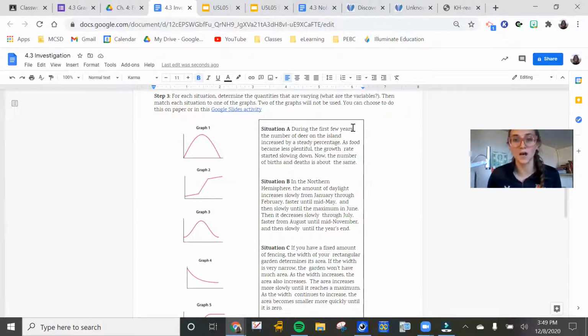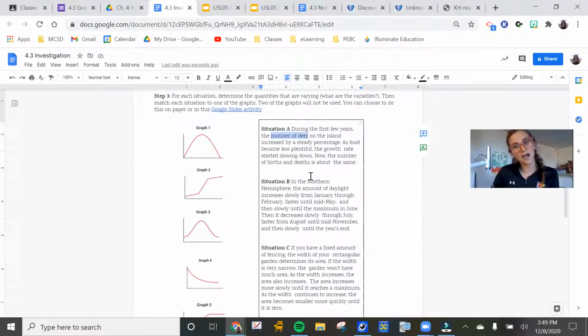As time goes on, something else is changing. So time, I think, is going to be one of my variables. And then definitely my number of deer is my other variable. Although now I'm reading it, and maybe food could also, no, it's definitely time and number of deer.